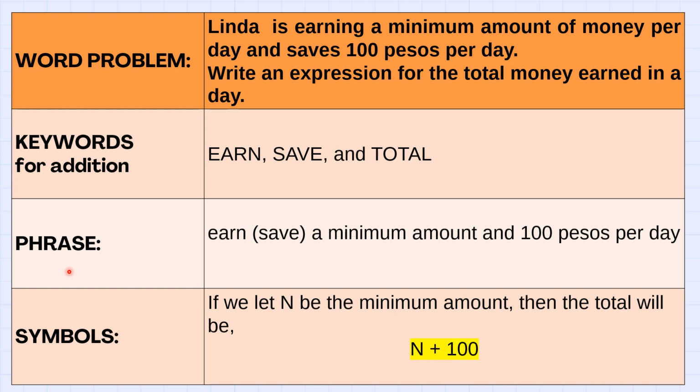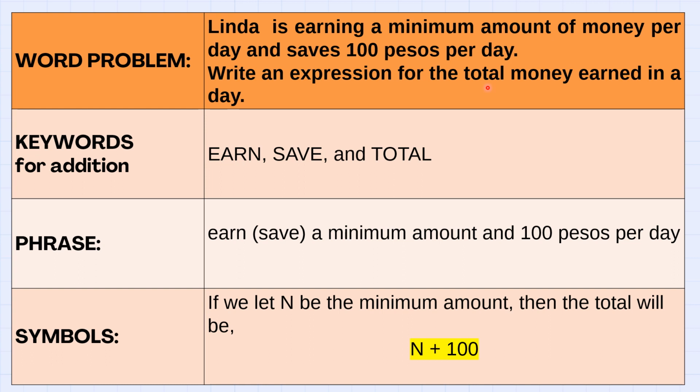Now, what is the phrase in the problem? Or what's the mathematical phrase that we can extract from the problem? Take note, in the first sentence, it says earning a minimum amount of money and 100 pesos per day. And we're going to express the total money earned. So total indicates addition.